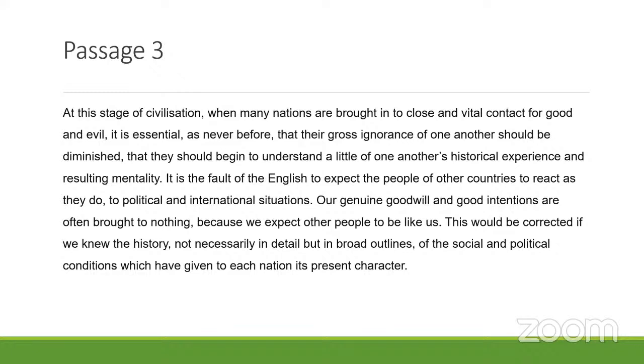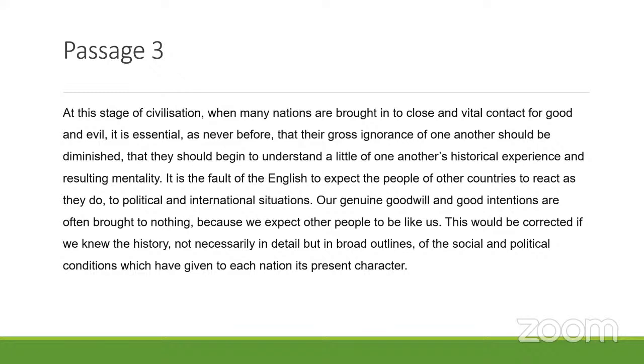At this stage of civilization, when many nations are brought into close and vital contact for good and evil, it is essential, as never before, that their gross ignorance of one another should be diminished, that they should begin to understand a little of one another's historic experiences and resulting mentality. It is the fault of the English to expect the people of other countries to react as they do to political and international situations.